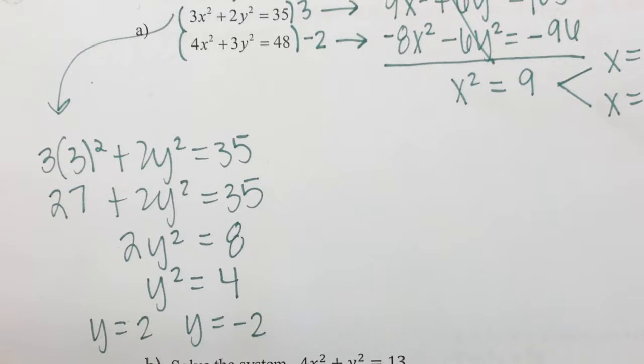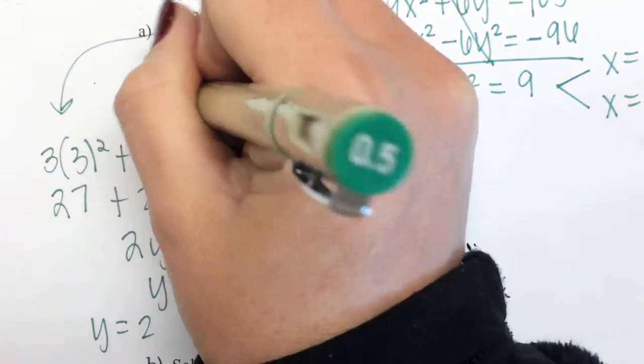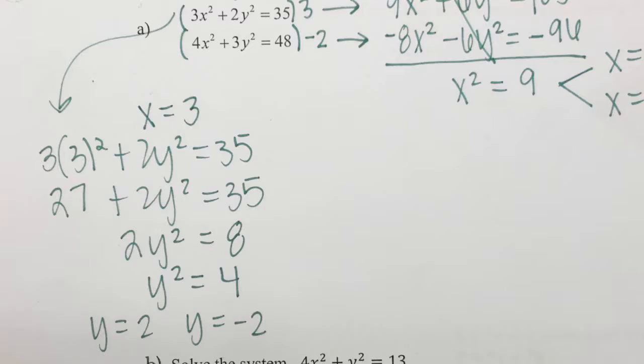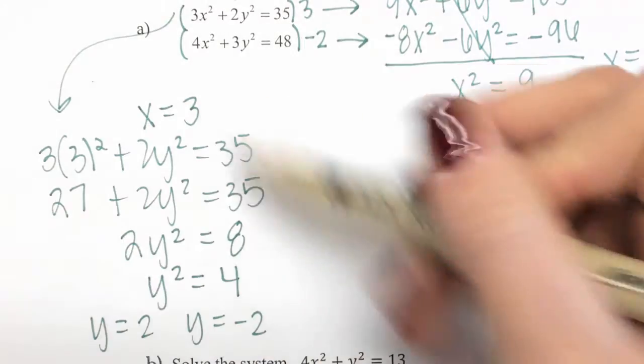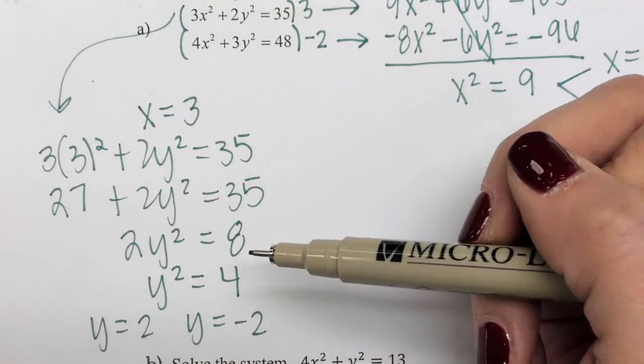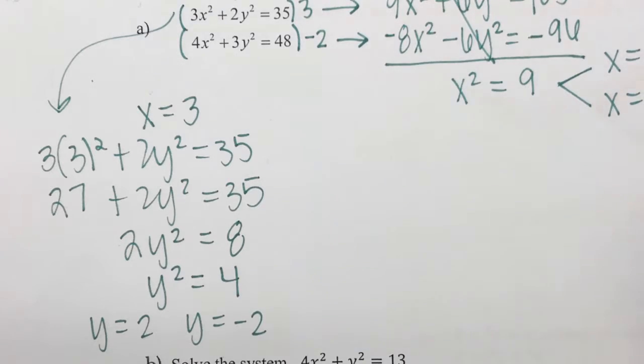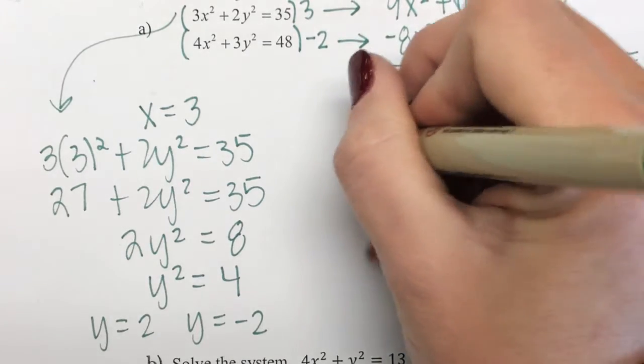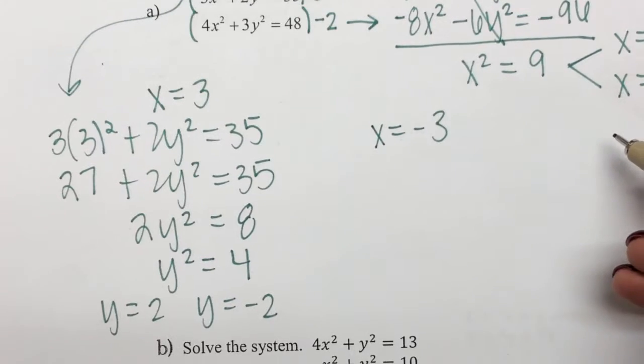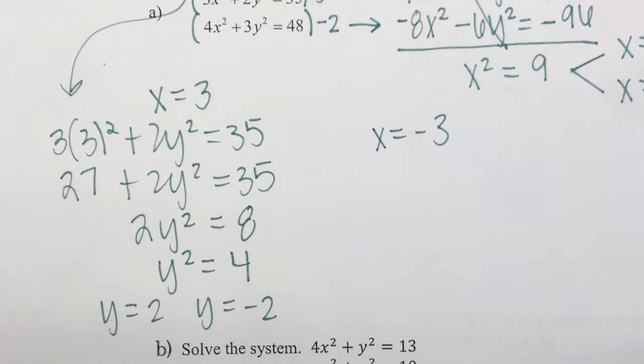And that's for when x equals what? Yes, that's for when x equaled 3. So we have 2 answers right here, and we're about to get how many more? Yes, using x equals -3. Because that was our other one right over here. Y'all want to use the same equation?